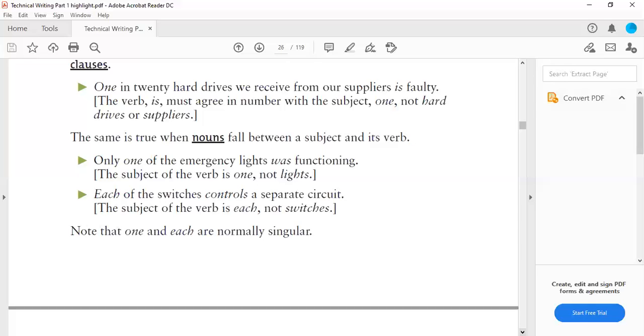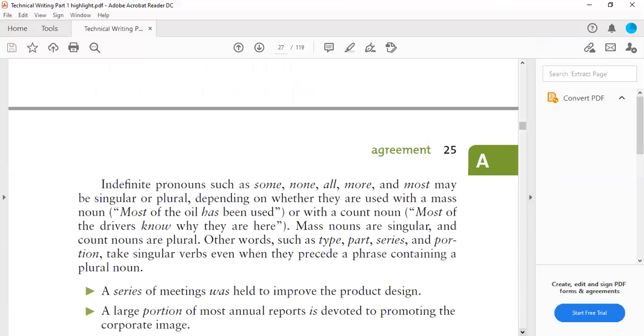Indefinite pronouns such as some, none, all, more, and most may be singular or plural depending on whether they are used with a mass noun, as in most of the oil has been used, or with a count noun, as in most of the drivers know why they are here. So with these indefinite pronouns, it depends on the noun that comes with them.